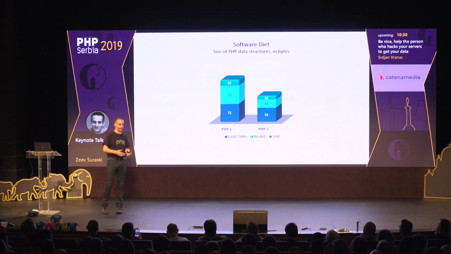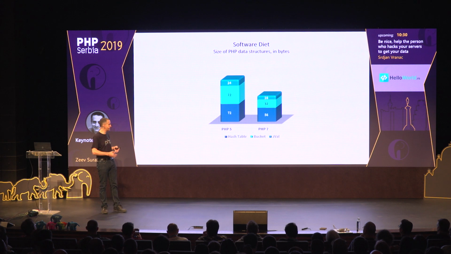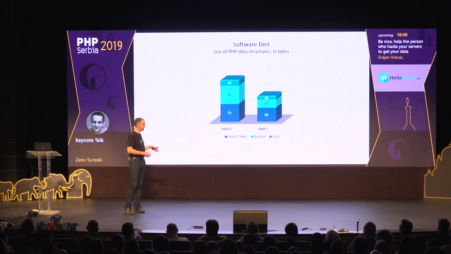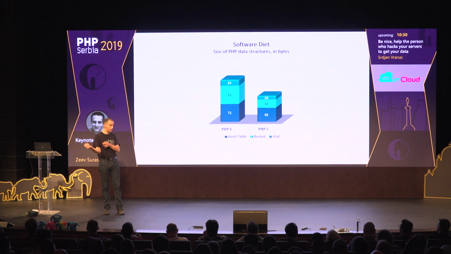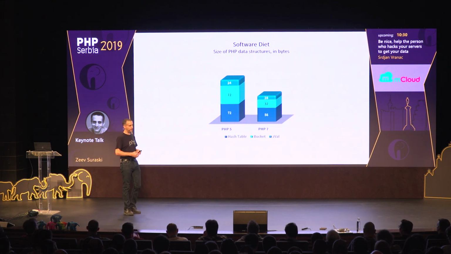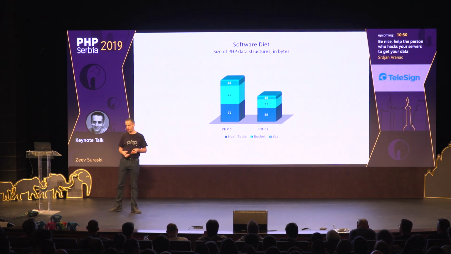But when you multiply it by potentially thousands and sometimes even hundreds of thousands of different zvals you could have in a single request, that actually becomes quite a lot. Especially if you factor in the fact that you're moving these zvals back and forth between functions all the time. The difference here, obviously in percentage, it's a third off. So the difference is actually huge.